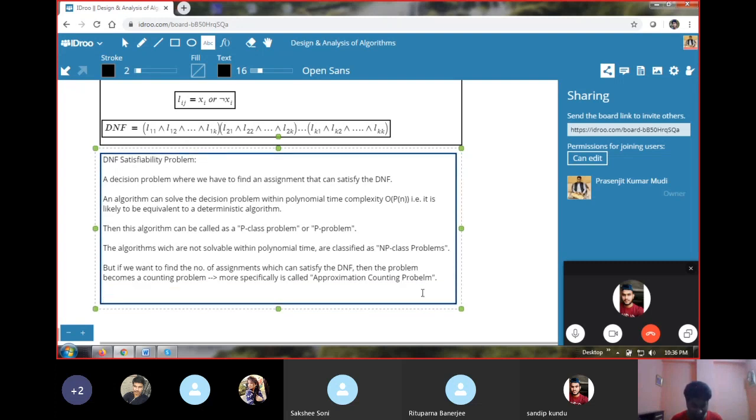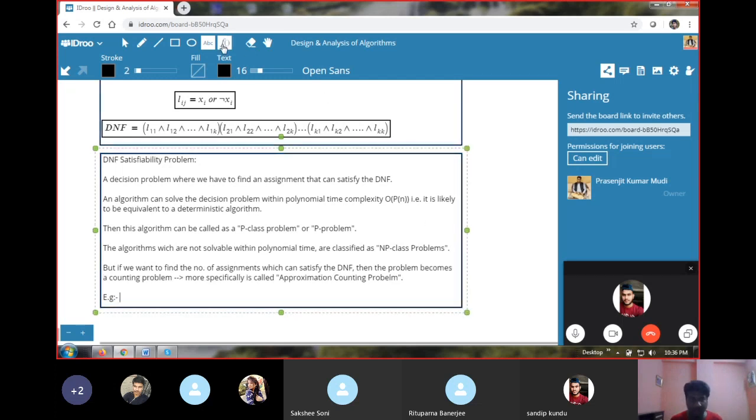Let's take an example, then you can understand why we are talking so much and why these problems are becoming so difficult. In our literature, what we are actually interested in is computability.